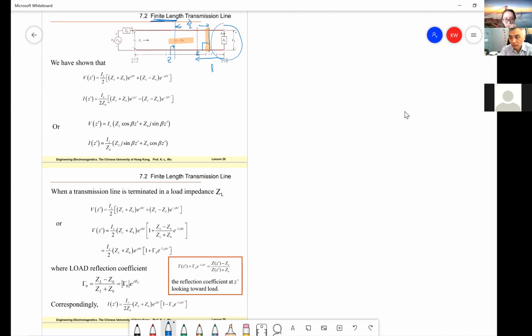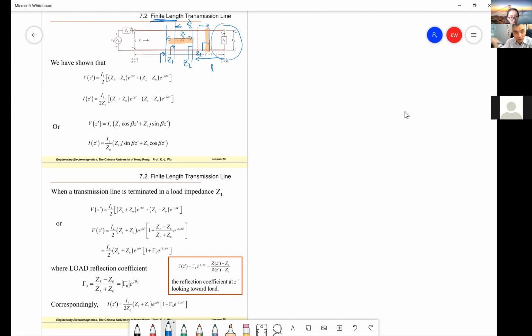Same impedance, say if this is 1, this is 1. If you look at this point, it is 2, so after half wavelength, looking toward the load, this is 2, right? So it repeats.